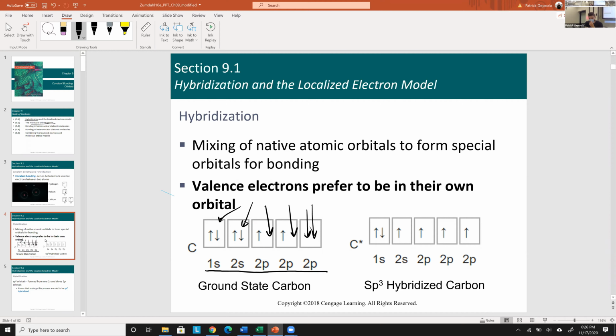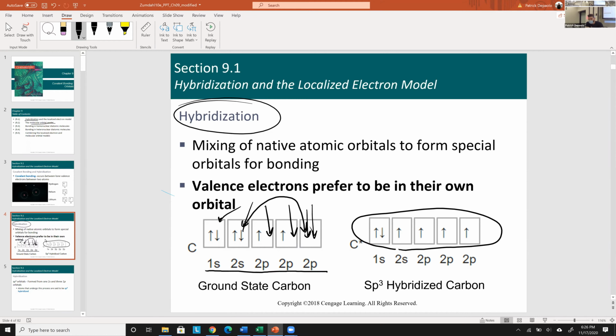So the answer for how energetically this works is hybridization. One of the electrons from the 2s will actually jump and be excited or hybridized to the 2p. Once that happens, you have this configuration. And these 4, not this 5th one, but these 4, are going to be at the same energy level because the orbitals are hybridized.